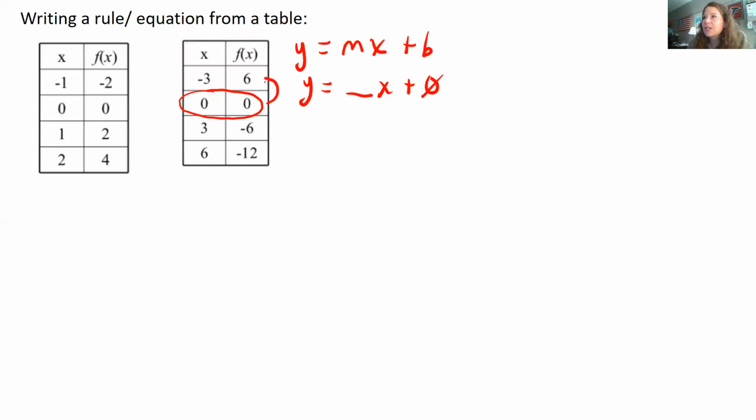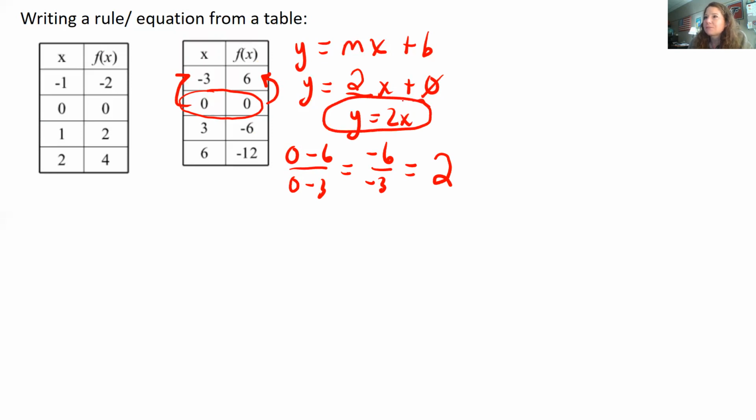So I'm going to do my change in y over my change in x. So 0 minus 6, and then 0 minus 3. So 0 minus 6 is negative 6. 0 minus 3 is negative 3. So negative 6 divided by negative 3 is positive 2. So I actually have the same exact equation. y equals 2x for the second one.